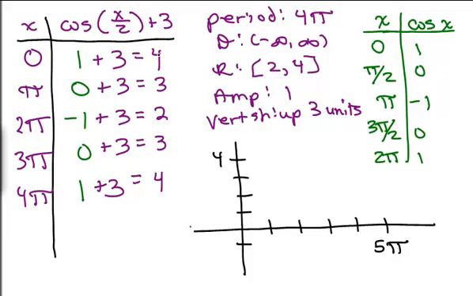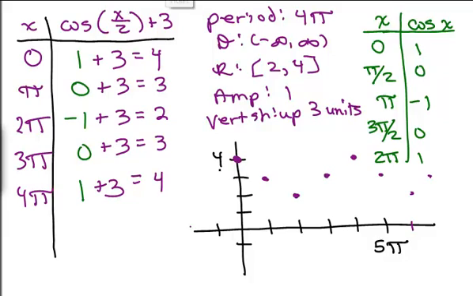So the first ordered pair is (0, 4). Then we have (pi, 3), (2 pi, 2), (3 pi, 3), and (4 pi, 4). Of course, it's going to keep repeating, so if you want, you can do some more ordered pairs to get a better picture. And be very careful that you don't draw sharp edges.